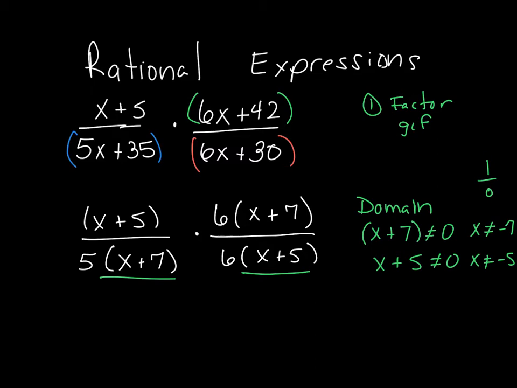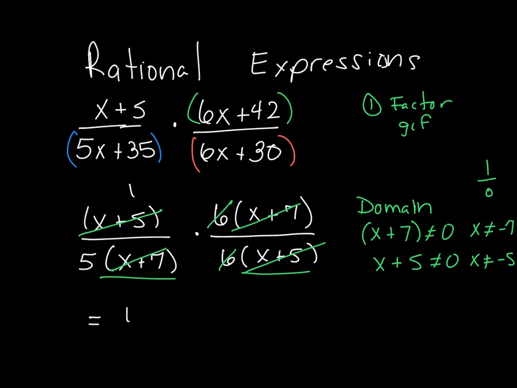That is true even though I'm going to go ahead and cancel the two x plus 7s and the two x plus 5s and the 6. Now, just be very mindful that even though everything in the numerator is canceled out, when you say x plus 7 and x plus 7 cancel, it means it is equal to 1.